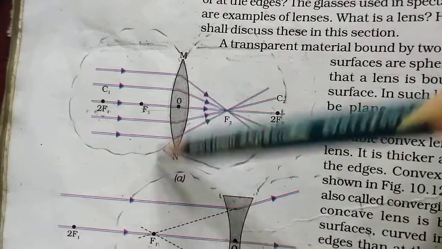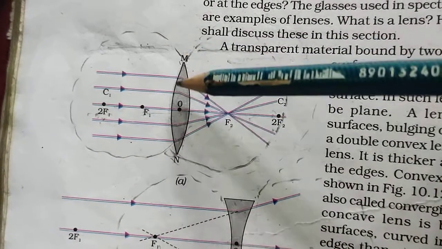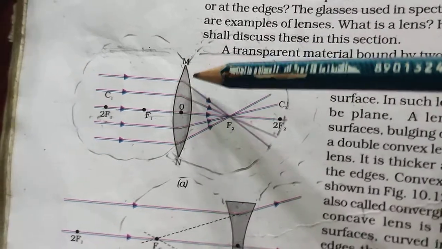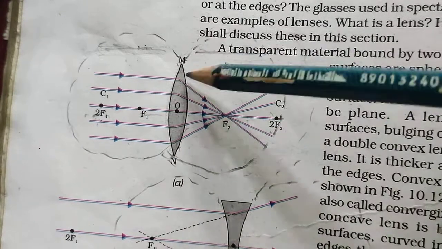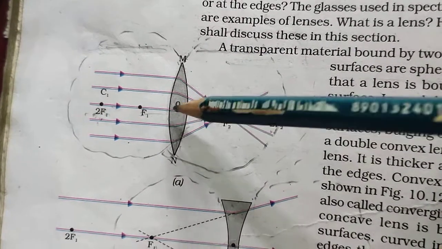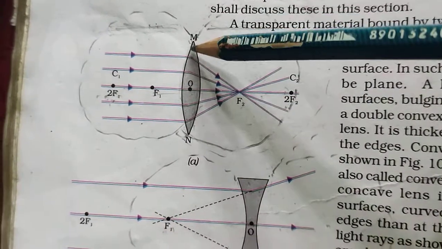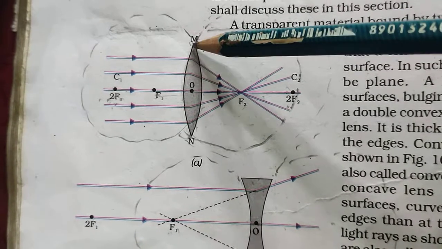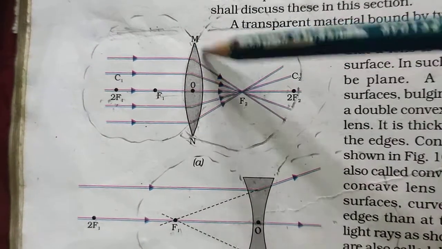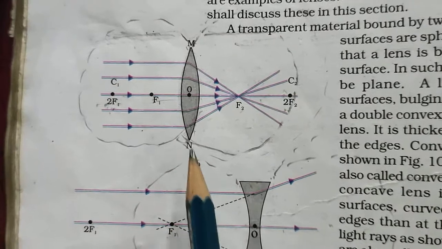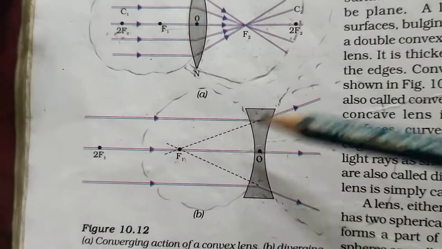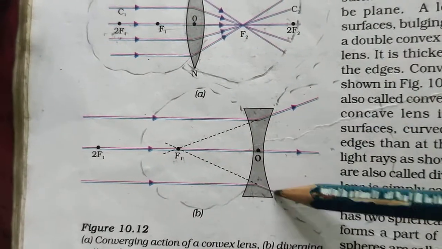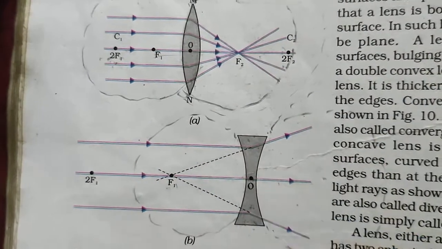One part of a transparent glass globe is fixed with the other part, and that forms a lens. If the surface is curving outwards, it is called convex. If the surface is curved inwards, it is called a concave lens. This is a convex lens and this is a concave lens.